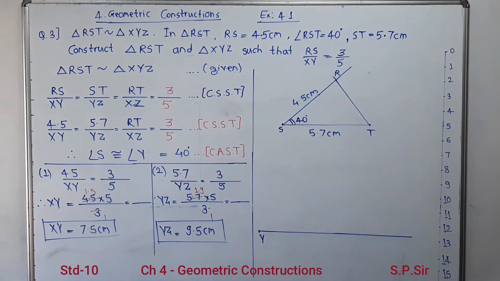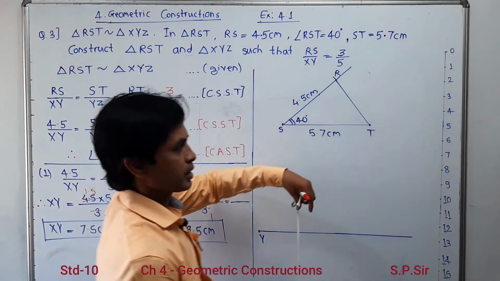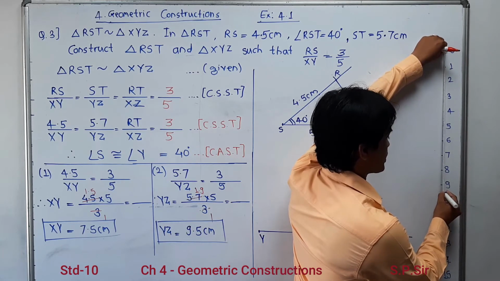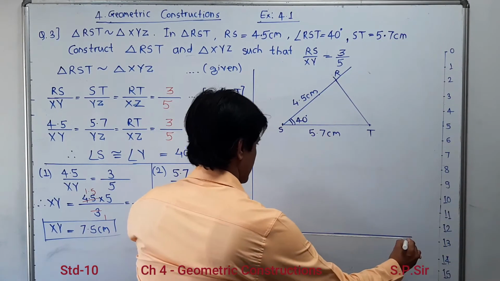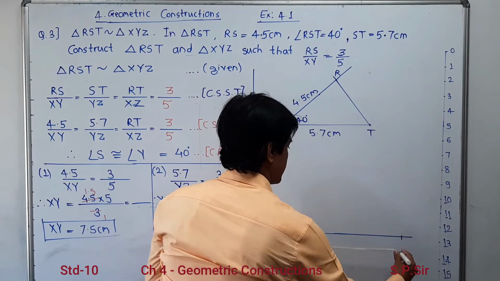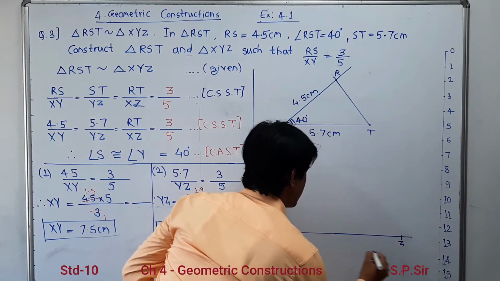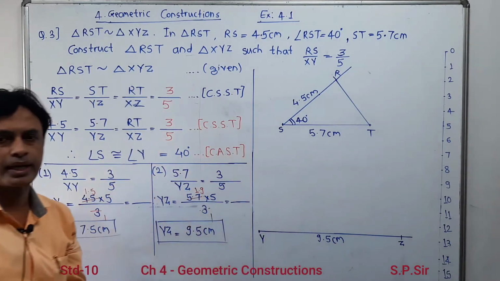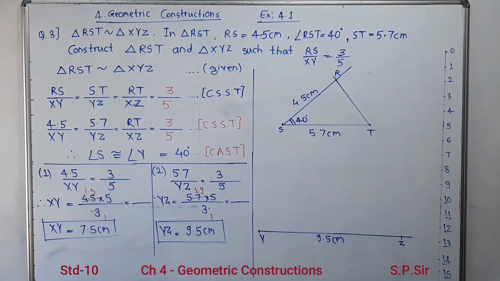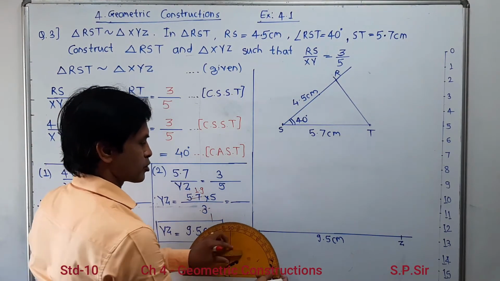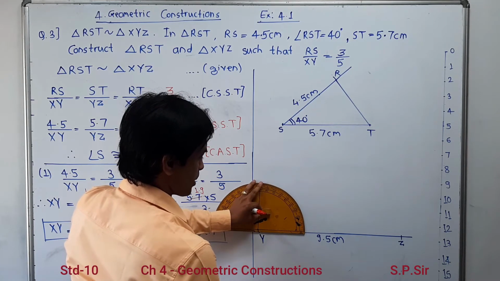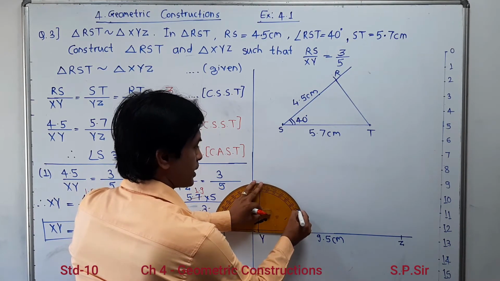Taking that marking over here, this diagram is somehow bigger compared to the first few diagrams, so take a proper sizing in your notebook. So from Y to Z, this distance is 9.5 centimeter. Now again you have to generate an angle of 40 degree over here. Taking that angle from Y, again you take your half circle over here, 10, 20, 30, 40.